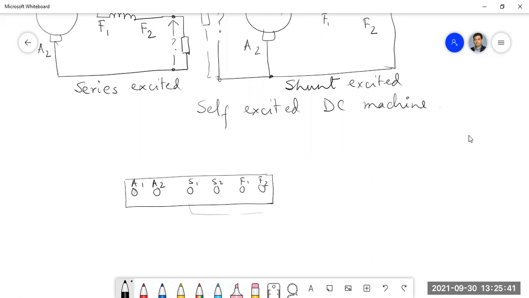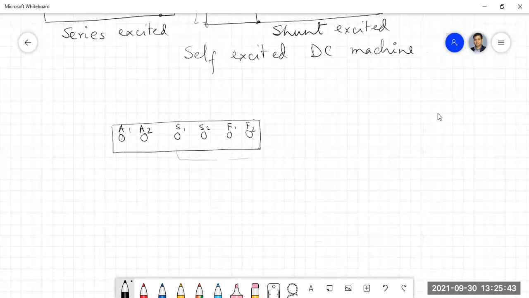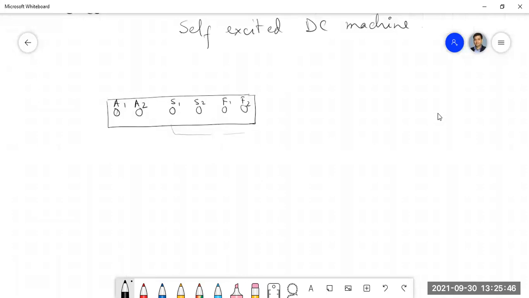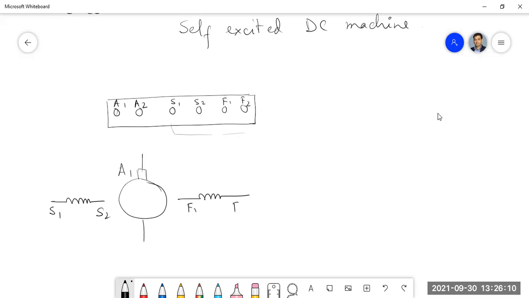Okay. Now this type of machine we can connect in a different mode. Suppose this is your armature. And here we have one field coil, here we have one field coil. So suppose this is your S1, S2, and this is your F1, F2. So all the 6 terminals I have drawn.